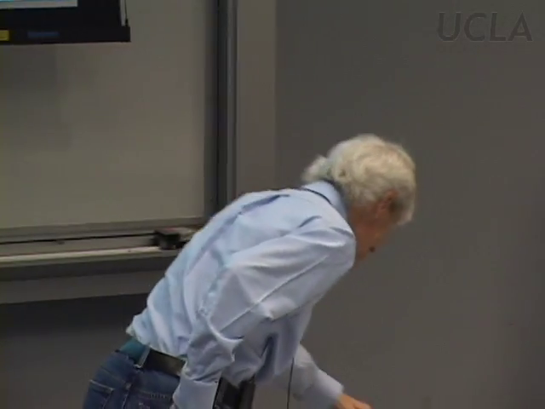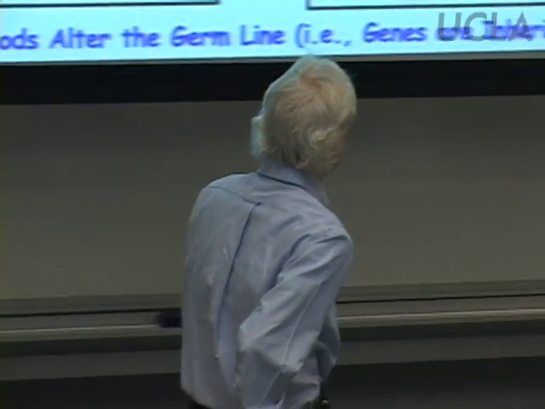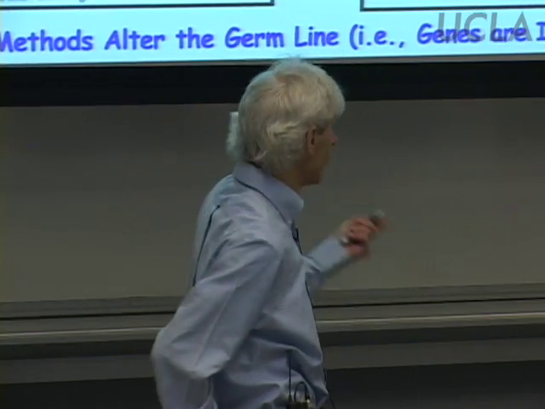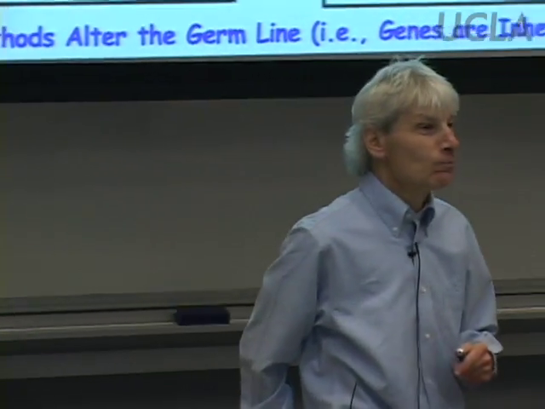And then you take these cells, and lo and behold, you stick them inside a surrogate mother, you grow the pups, and those pups have the mutant gene. And then you just work with that colony of mice, and you see what the phenotype is. And you see if that mutant gene has any obvious phenotype that would give you some clue as to what the function of the gene is.